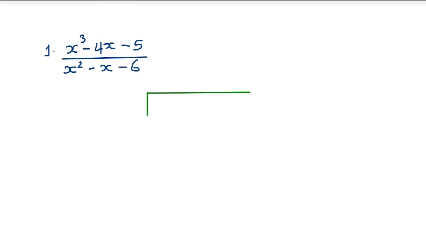What we are dividing goes inside, so the numerator goes inside this. So we have x cubed minus 4x minus 5. Then what divides remains outside. So x squared minus x minus 6. So let us divide.